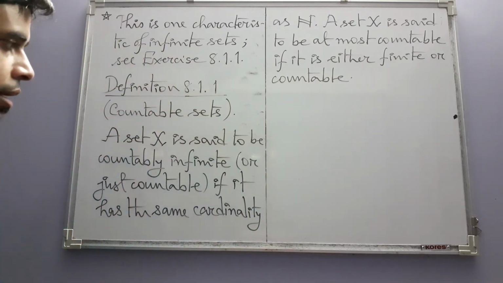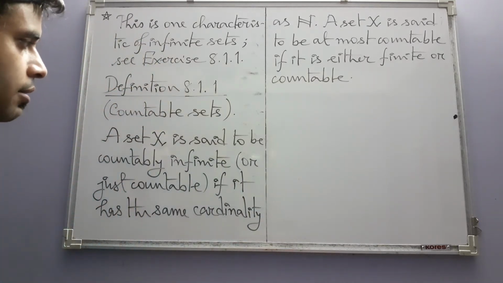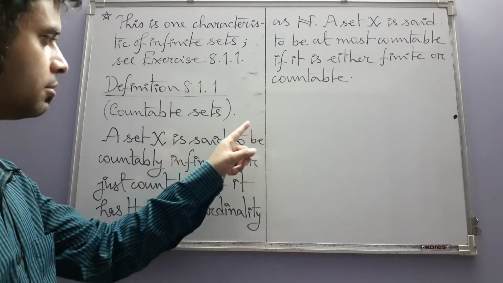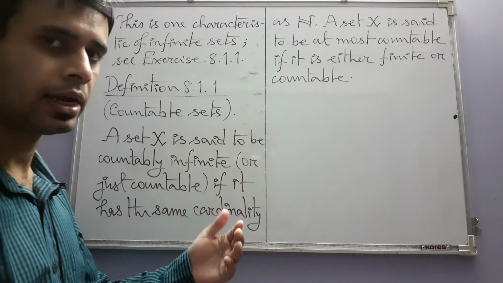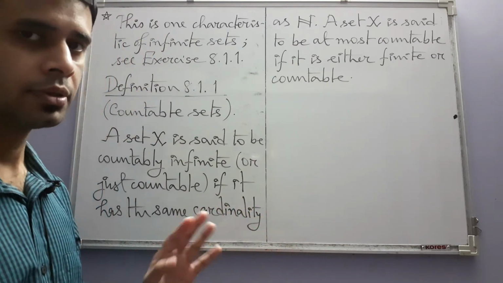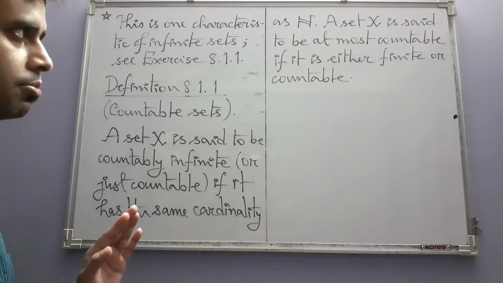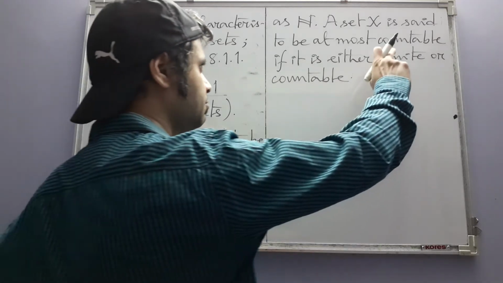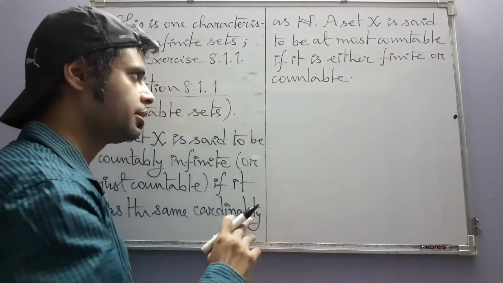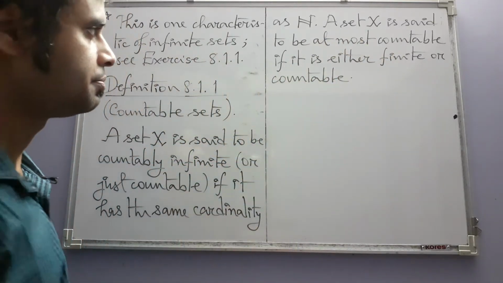That means an at most countable set is either infinite, in which case it is countable, that is it has a bijection with n, or it is finite. Okay, then we say that it's at most countable. So that means every finite set is at most countable and every countable set is also at most countable.